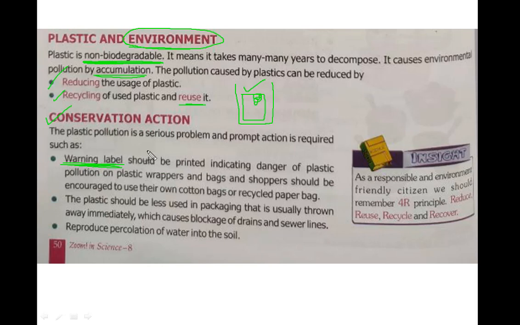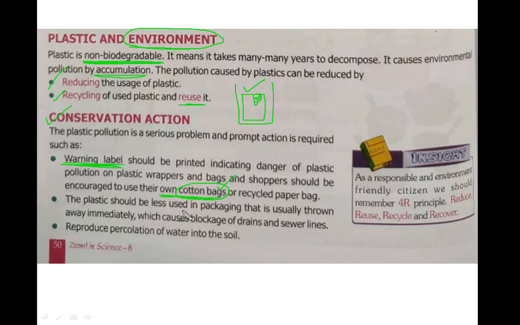Why do shopkeepers generally use plastic bags? Because they are cheap compared to bags made of cotton. If the price of cotton bags can be reduced, then their use can be encouraged.